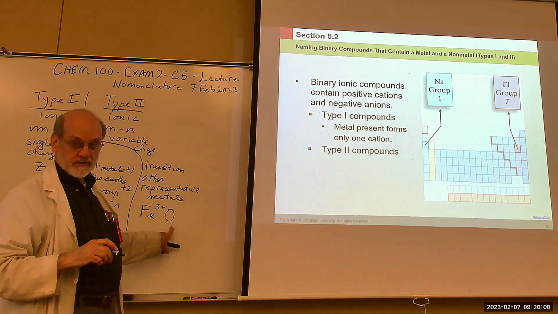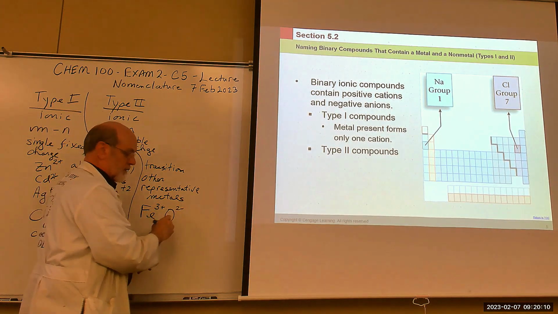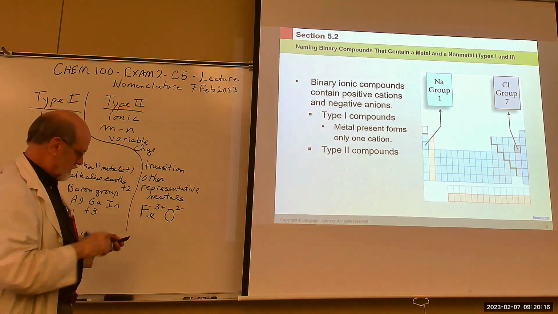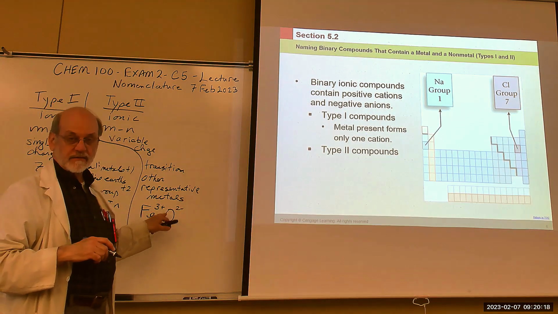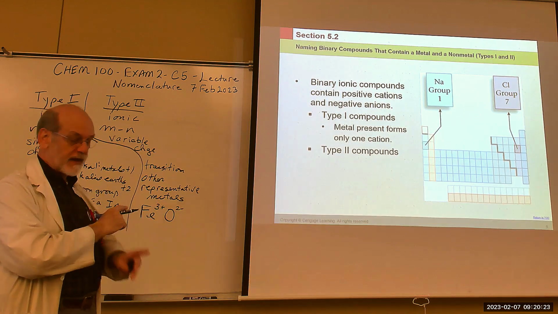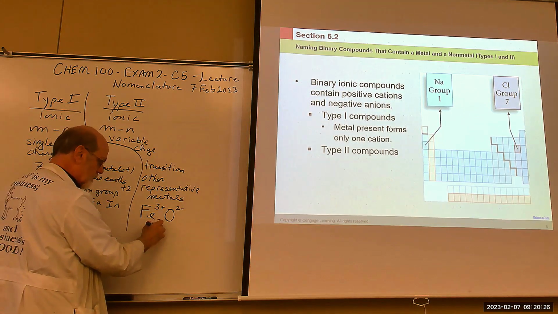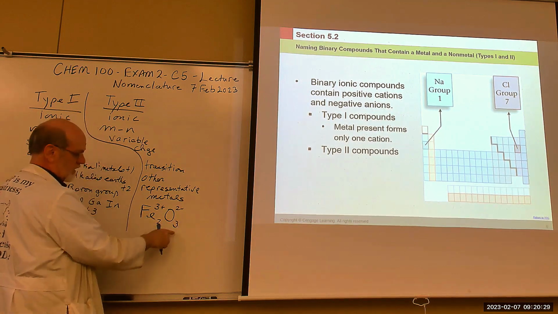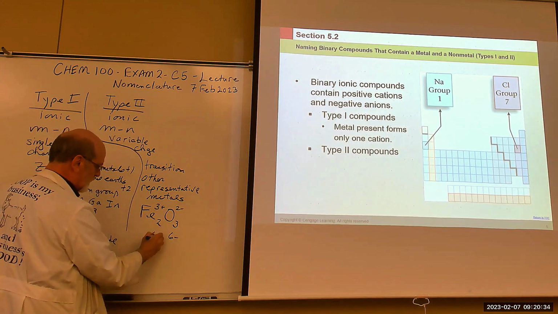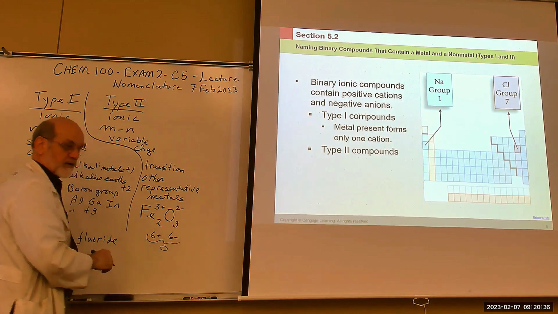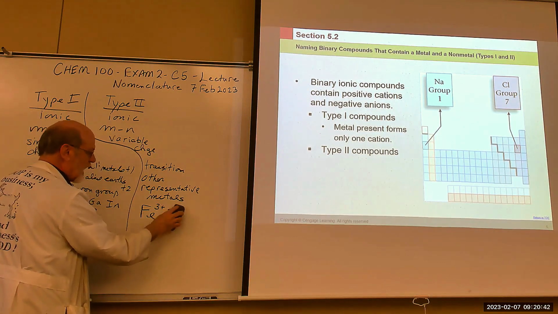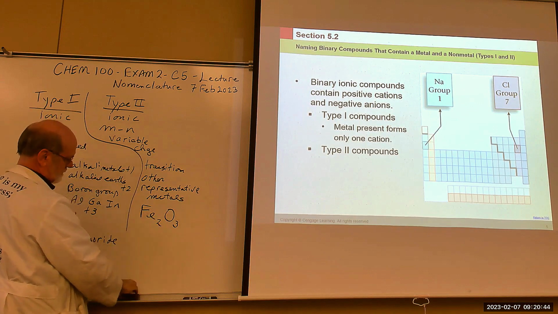And remember, all the chalcogens, the oxygen group, are -2 charge. So how do you balance that? When you have an odd and an even positive negative charge that has to be balanced, cross multiply. So take this 2 over here, take that 3 over here. So 3 times 2 minus is 6 minus, 2 times 3 plus is 6 plus. And together they're 0.